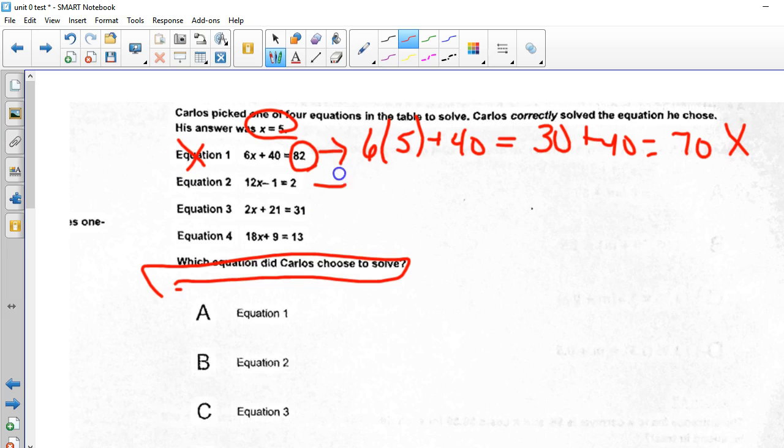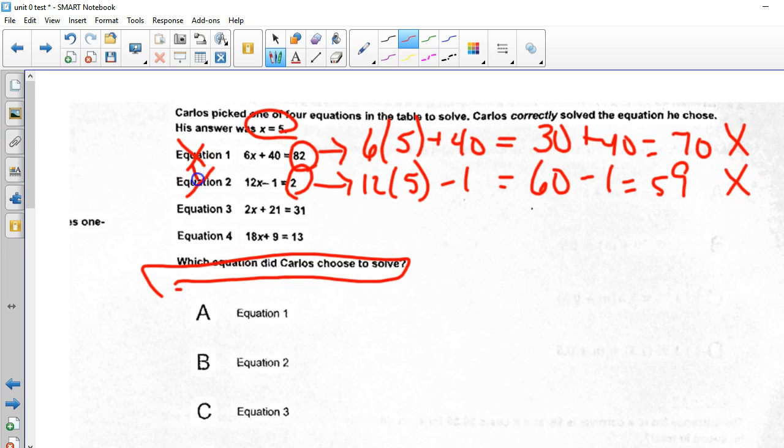Let's do the second equation. 12 times 5 minus 1 is 60 minus 1, which is 59. Does 59 match what they said it was equal to? No, 59 and 2 are not the same answer. So 5 is not a solution of equation 2. I'll know it is a solution if it's equal to the original answer choice given.